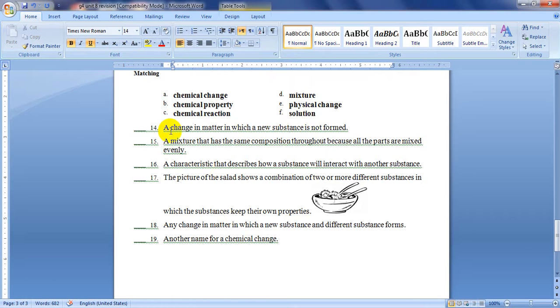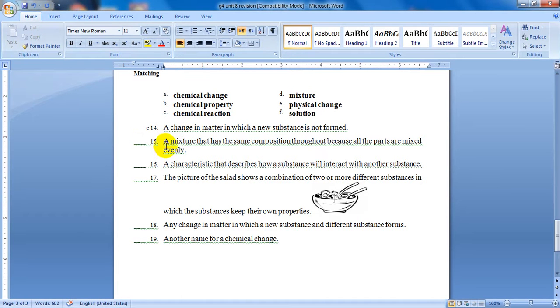Let's start with the first one. A change in matter in which a new substance is not formed. We do not have one new substance. We have the original one. So it is a physical change. So number 14 will be letter E.